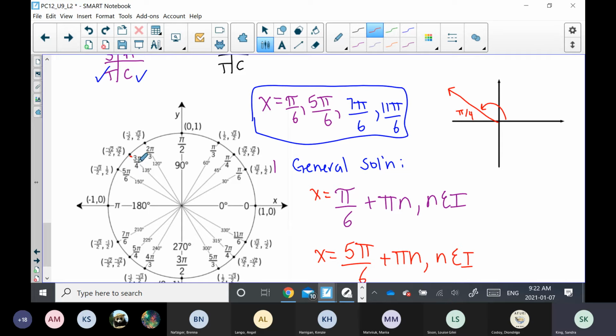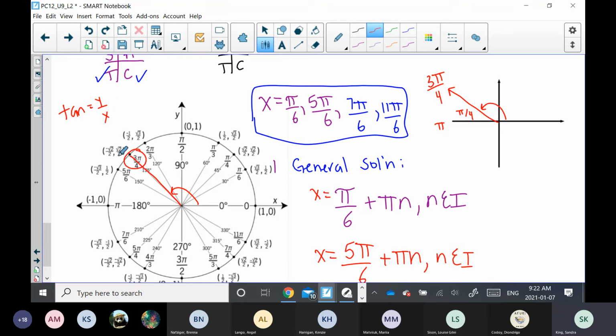So here's that 45-degree angle. So they want to know what this is. So you could have done pi minus pi over 4, and it would give you this answer, 3 pi over 4. Okay, so that's going to be one of my answers. And you guys remember, tan is y over x.